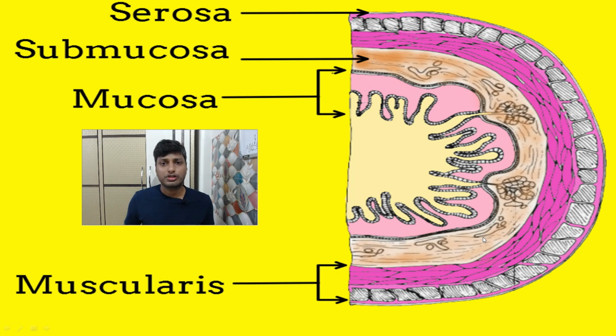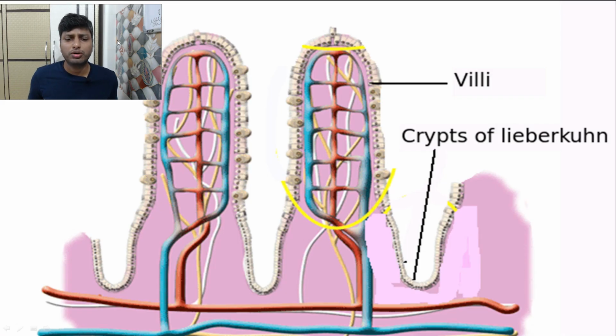Now comes the innermost layer, which is known as the mucosa, dear students. The mucosa is extremely important because this layer is often divided into many folds, and the folds are known as villi.